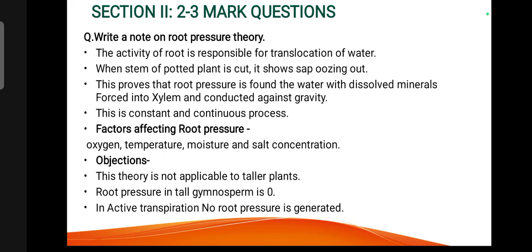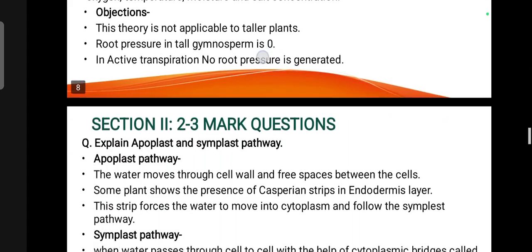This is a constant and continuous process. The factors affecting root pressure: oxygen, temperature, moisture, and salt concentration. The objections are given. This theory is not applicable for taller plants. Root pressure in tall gymnosperm is 0.